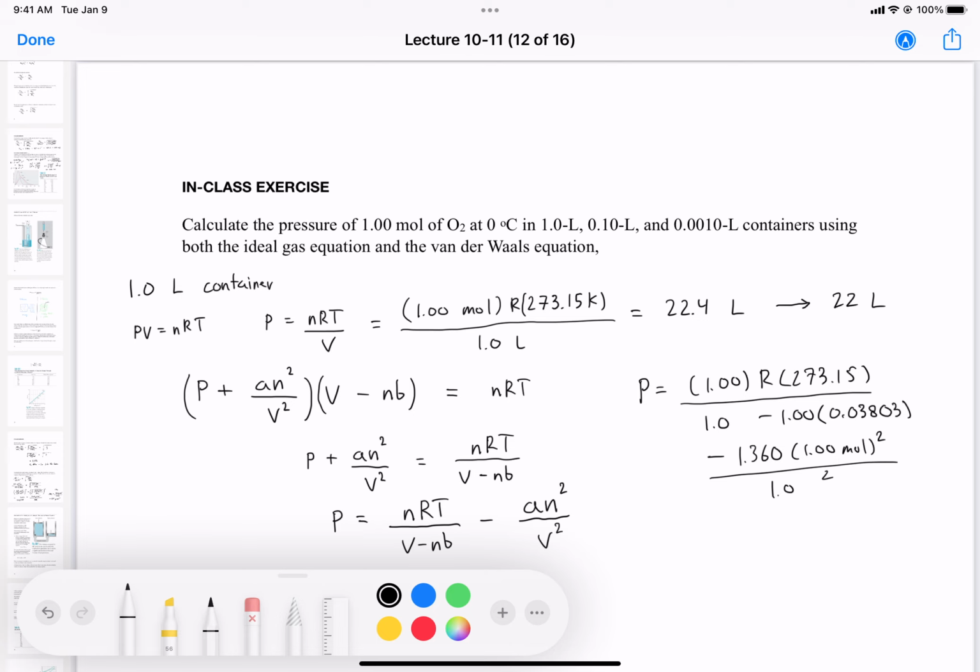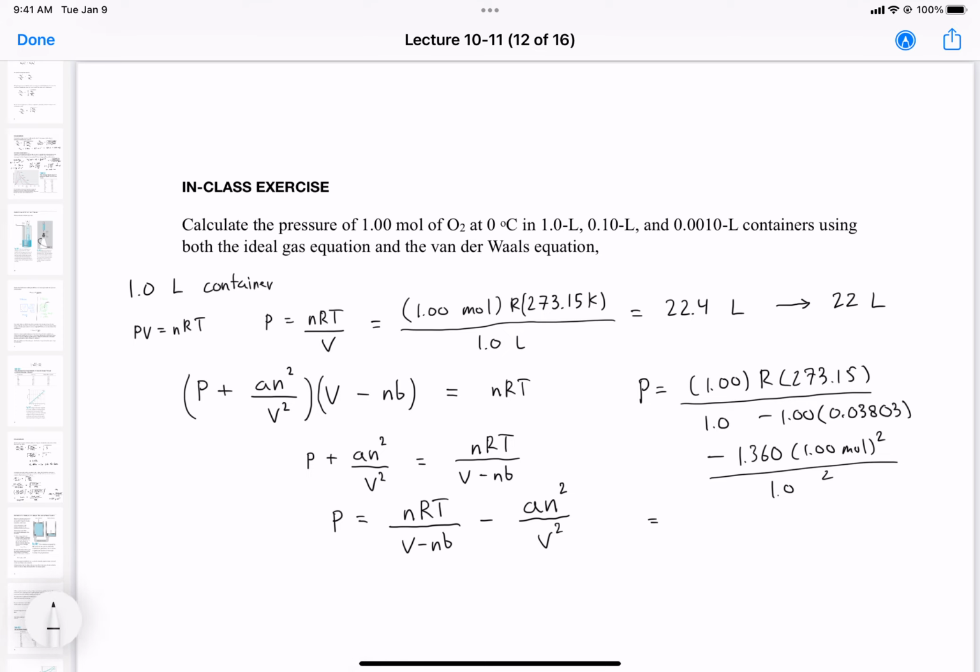Okay, so the first fraction is approximately that, and then we just subtract 1.360, because 1 squared is still 1, so it's just minus 1.360. Okay, so we get a pressure of 21.9. Okay, so right here, normal volumes.